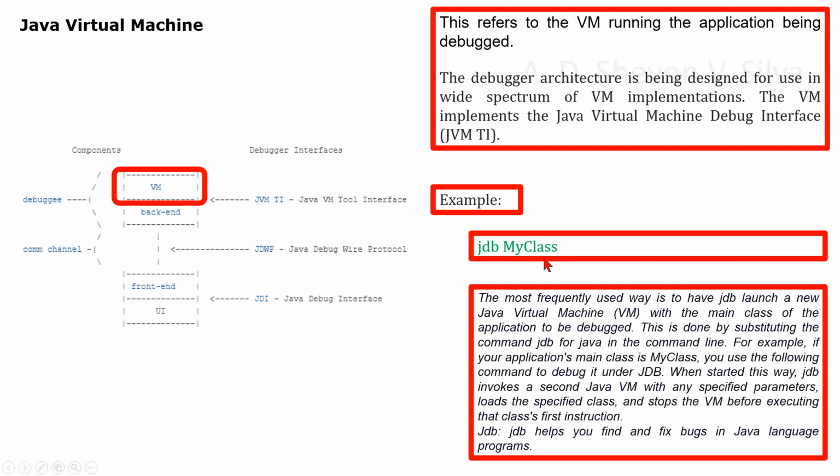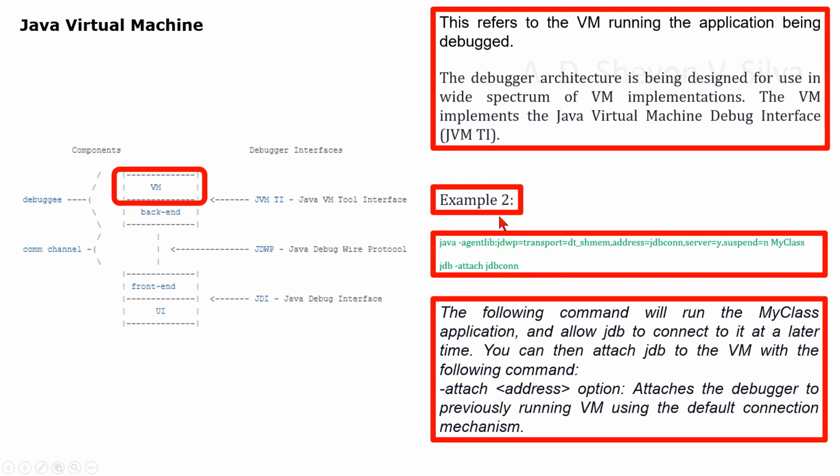When started this way, JDB invokes a second Java VM with any specified parameters, loads the specified class, and stops the VM before executing that class's first instruction. JDB helps you to find and fix bugs in Java language programs.